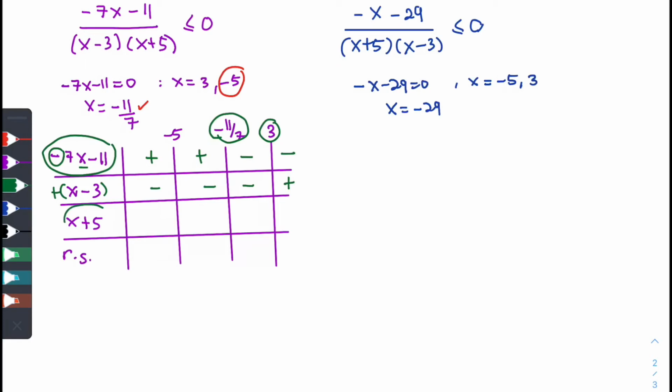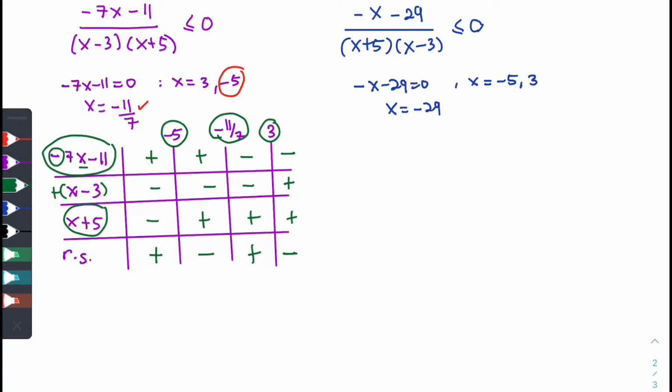For x + 5, the zero is -5, after -5 will be plus, and before the number will be negative. Then you have plus, minus, minus, which gives plus, then plus, minus, plus gives minus, minus, minus, plus gives plus, and this one gives minus.